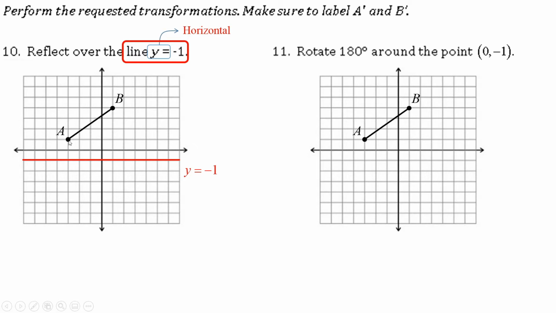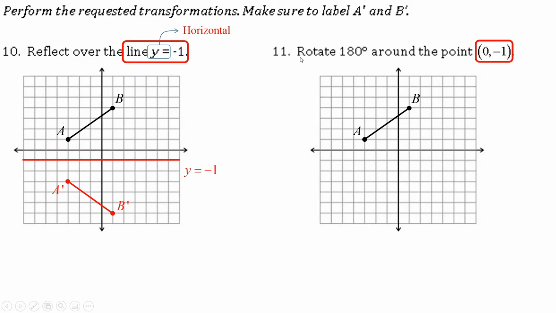So let's take A and reflect it over that line. Well, A is 2 units from the line, so let's just go 2 units farther down. And there's my A prime right there. B is 1, 2, 3, 4, 5 units away from the line, so let's go 5 units farther down. 1, 2, 3, 4, 5 right there. There's my B prime, and there's my segment A prime, B prime. Nice.